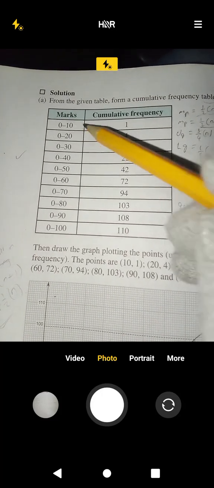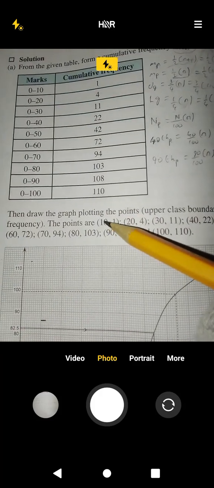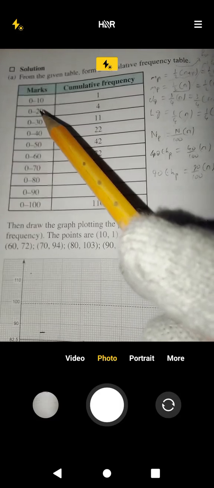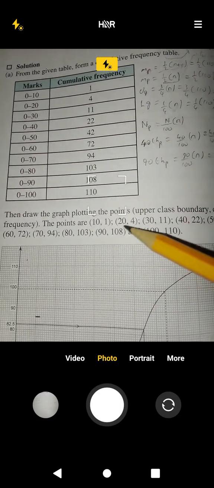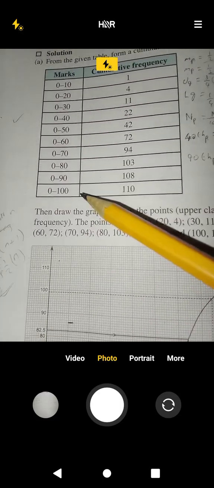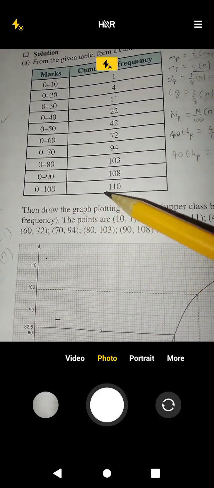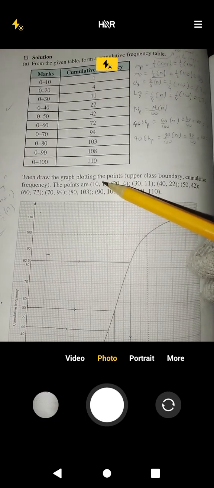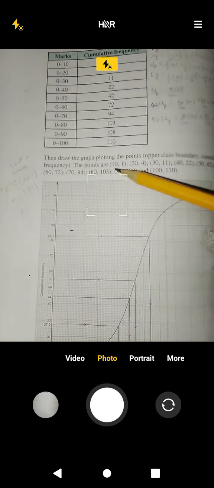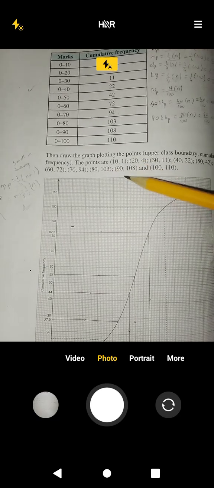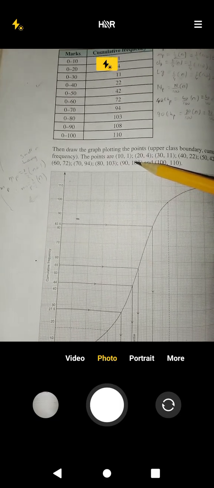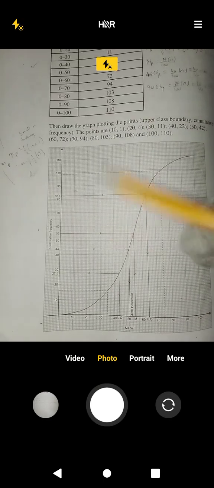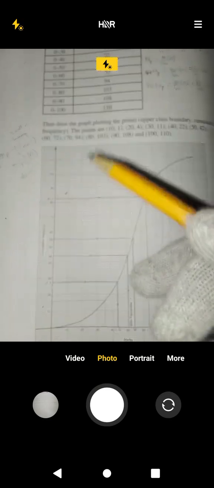So it's 10, 1, and then you pick 20, 4, and so on until you get to 100, 110. So these are your Cartesian coordinates, and upon attaining all of your coordinates, you can then plot them on your graph book.